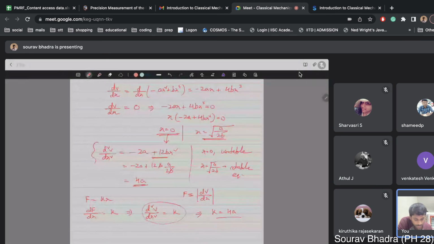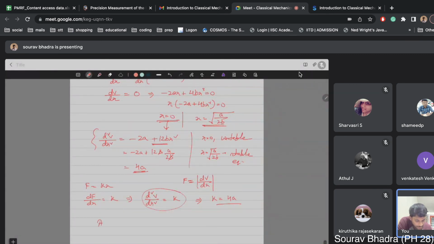Okay, so our angular frequency omega will always be root of k by m, where m is the mass of the particle or of the system. So if we write it, it is root of 4a by m, that will be 2 root of a by m. Okay, so this is the angular frequency of the system.